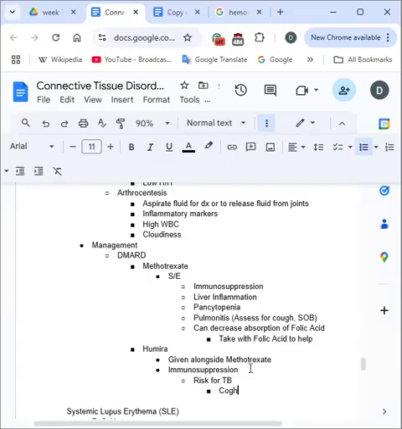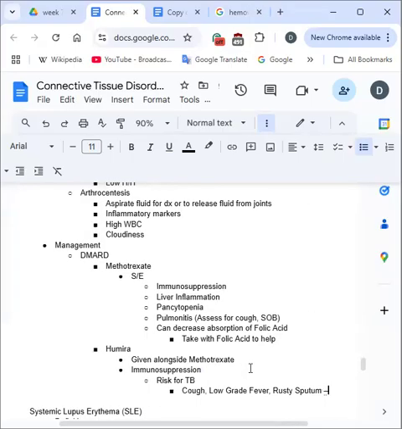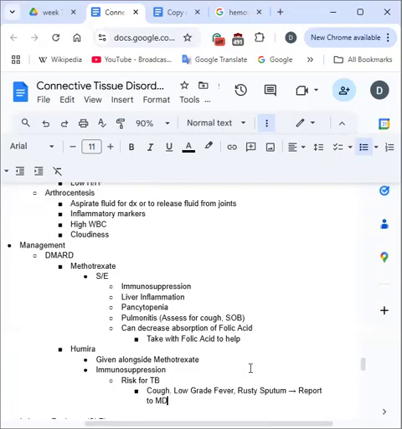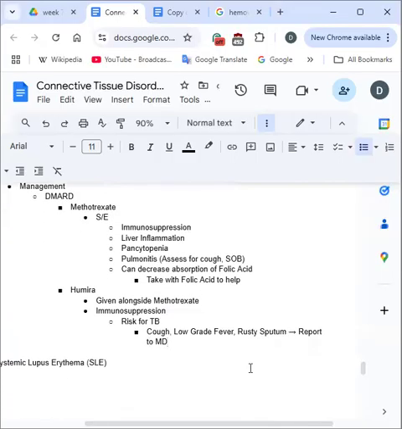So that would be cough, low grade fever, potential blood-tinged sputum, rust-colored or blood-tinged sputum. It can be an airborne thing, so you wanna really assess for that. Night sweats.